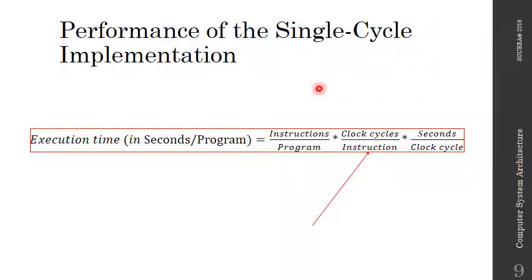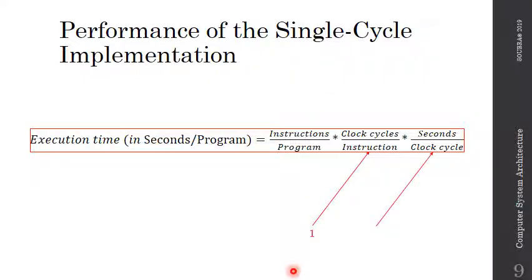I'm going to impose one clock cycle for every single instruction that is out there, and I need to make sure it's big enough to fit all the instructions that exist. So if I'm doing an addition, a memory instruction, an ALU instruction, or something else, all of those should take one cycle.